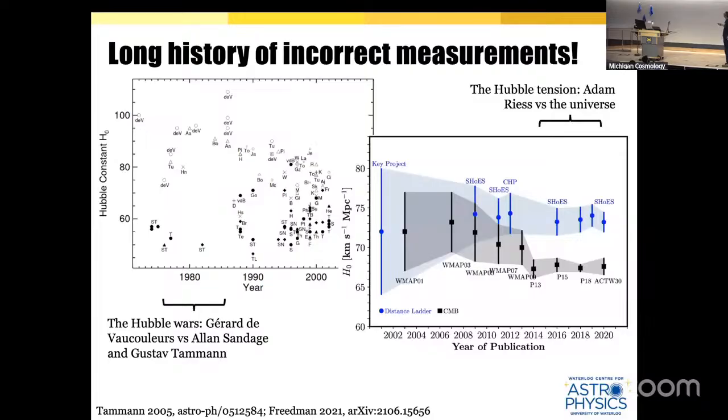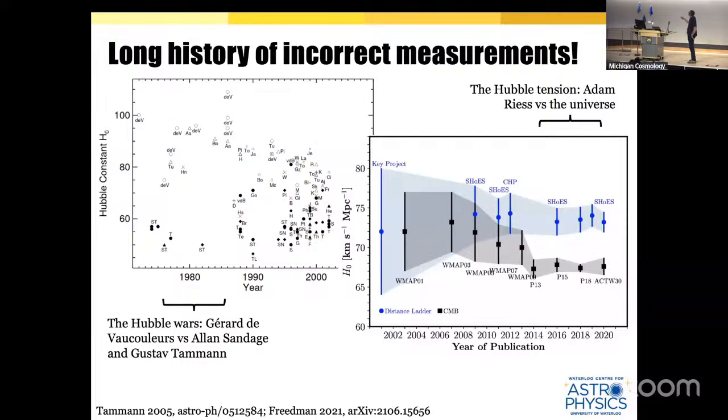In fact, in the 1980s and the 1990s, when almost certainly none of you were born, we had the Hubble wars. Not a Hubble tension, a war, which must have made the conferences a lot more interesting than present day. In fact, we had de Vaucouleurs claiming the Hubble parameter was 100.